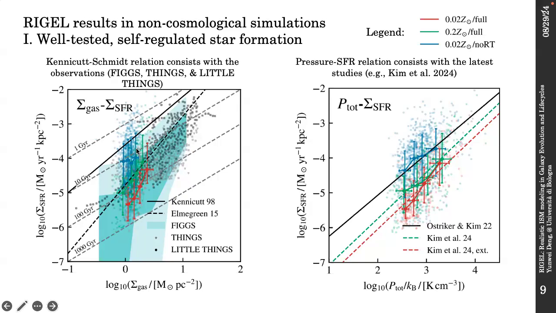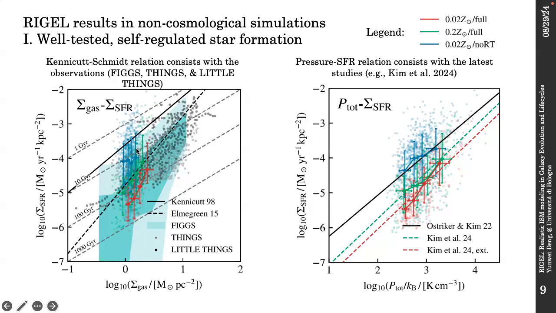To read this figure, if you see it vertically, for a given pressure, the no RT run has a higher star formation rate and the full feedback run has a lower star formation rate, which means radiative feedback as an additional feedback channel reduces the star formation efficiency, as I said.